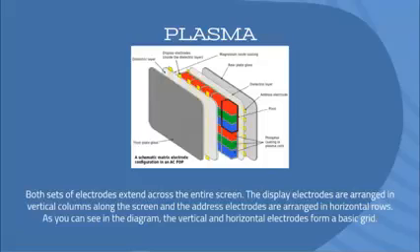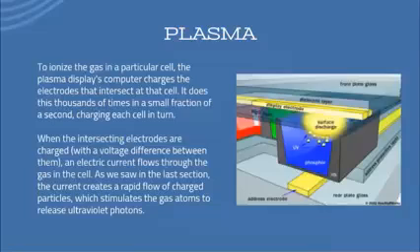And then, to ionize the gas in a particular cell, the plasma display computer charges electrodes that intersect at the cell. It does this thousands of times in a small fraction of a second, charging each cell in turn. So for example, this is your display electrode, and where they meet, they give a surface discharge or surface charge to a cell.